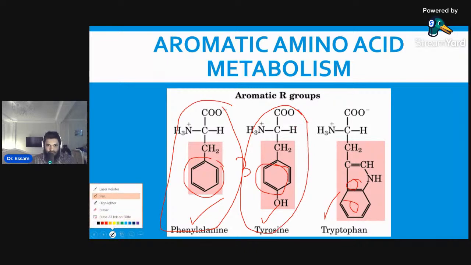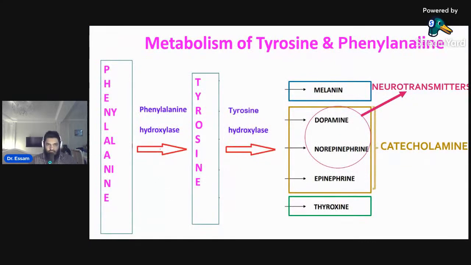Why are they related? You can see here that this structure is almost similar with the exception of the hydroxyl group. Yes? So that's why they are from the same family, which means that with the help of phenylalanine hydroxylase, phenylalanine will easily convert to tyrosine. And tyrosine will convert to many different products.